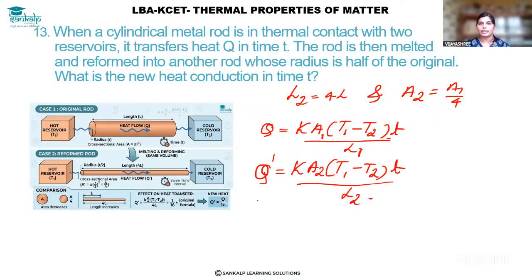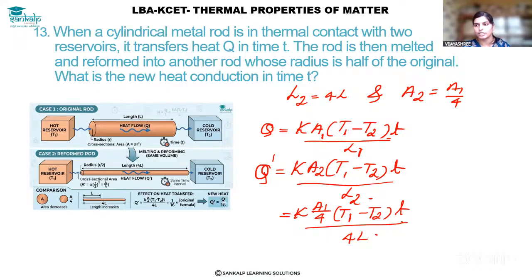Okay, so I write Q dash as equal to K into A2, that is A1 by 4, A1 by 4 into (T1 minus T2) into t divided by L2, which can be written as 4 times L, right.